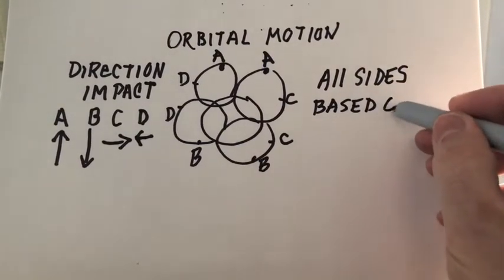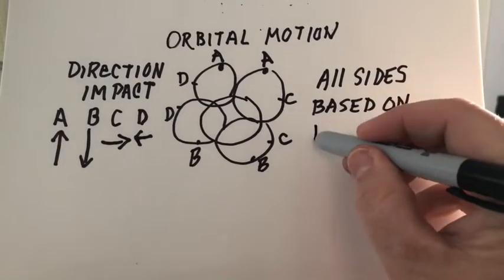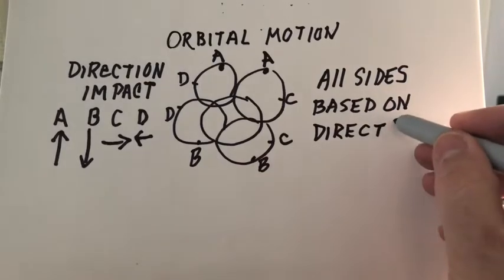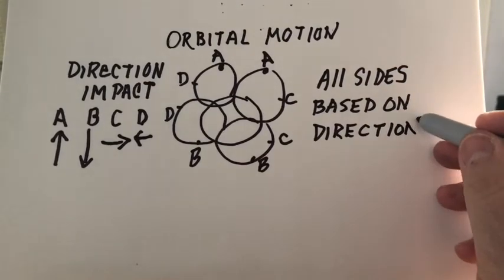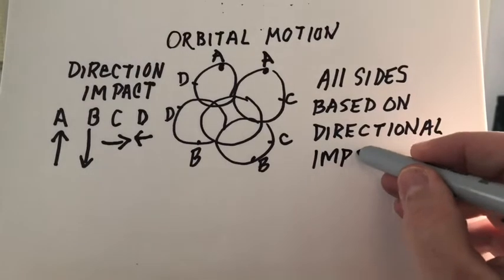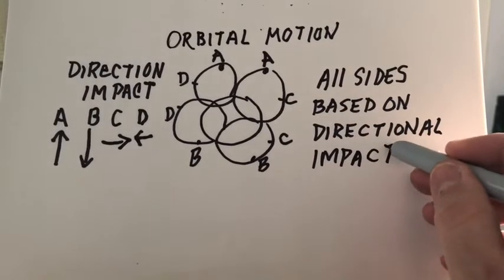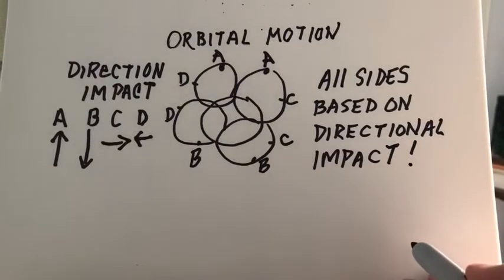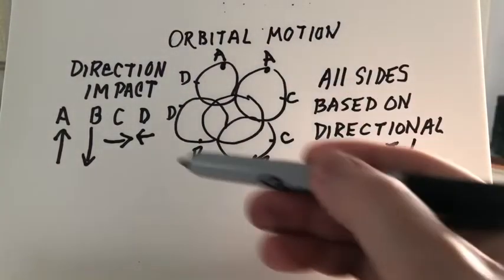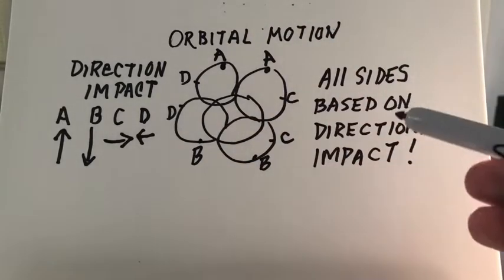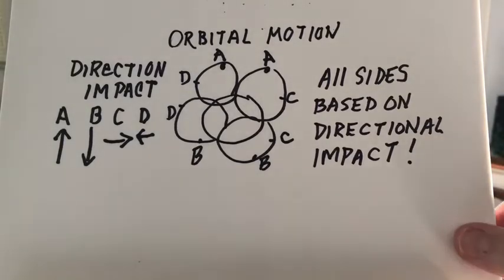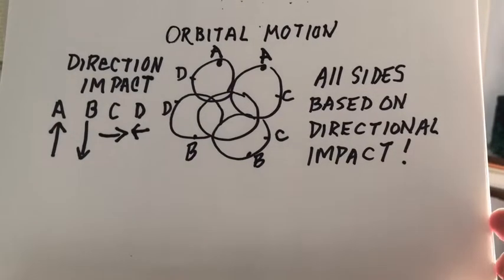So all sides, based on directional impact, can be cleaned. Not everybody does all four motions or directions. Some do just forwards, then backwards. Some go side to side. But that's your basic orbital motion.